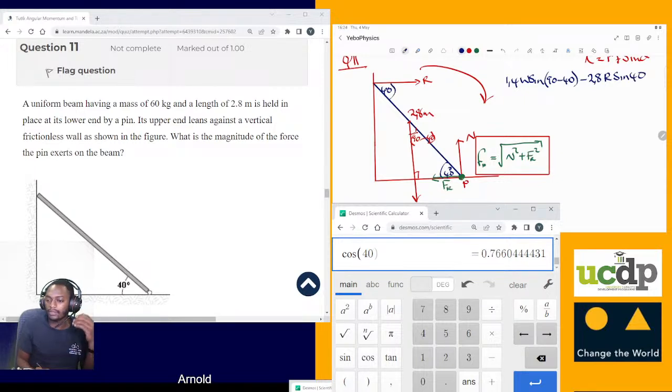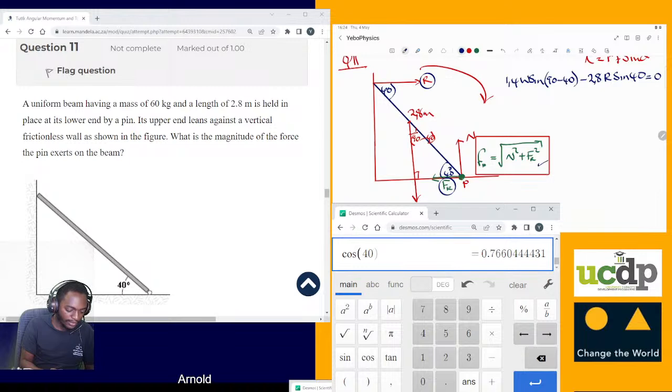Z angles, okay? Z angle there. So this adds up to 0. The purpose there is for us to find the reaction force, which will then equate to this frictional force.